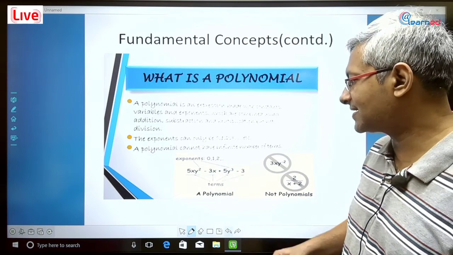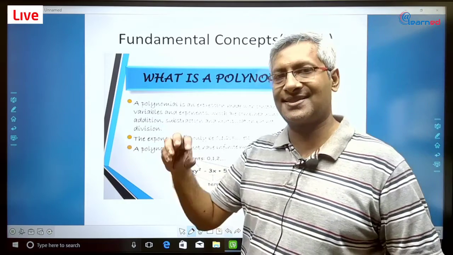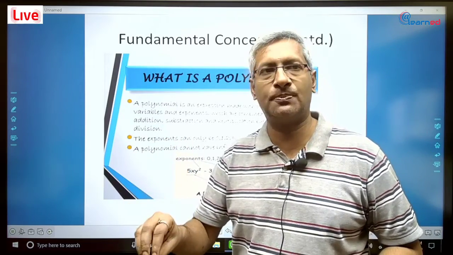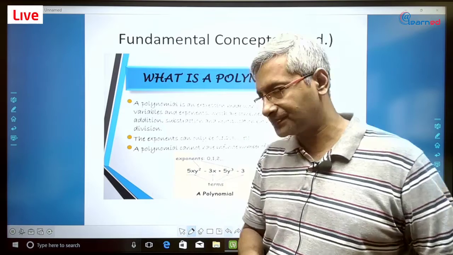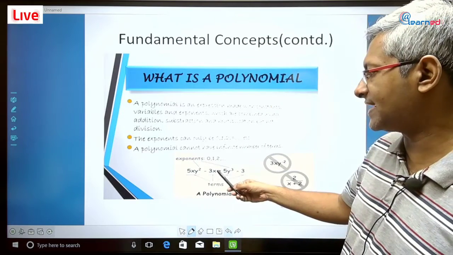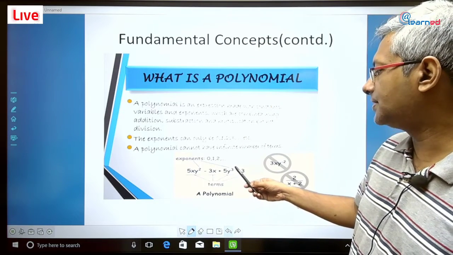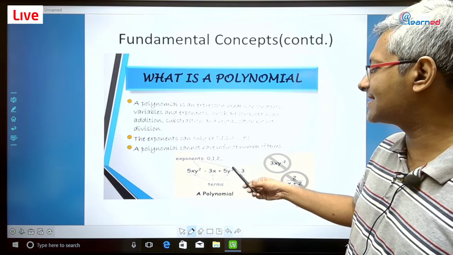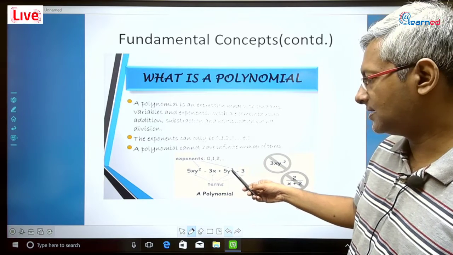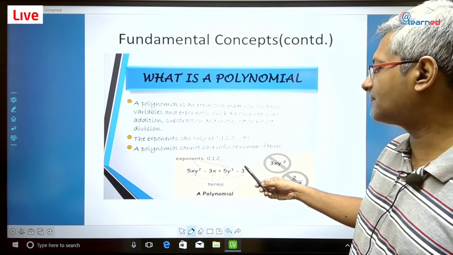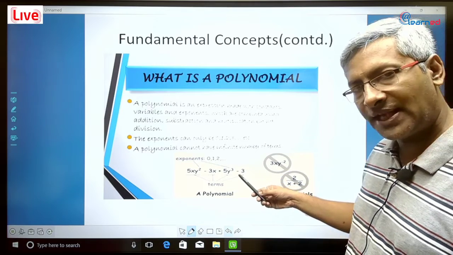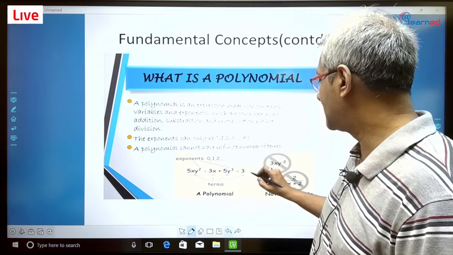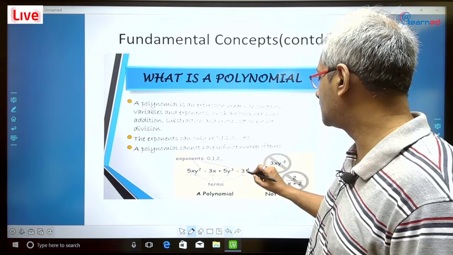You must know that anything raised to the power 1 is that value itself. X to the power 1 is x. So, over here the power of x is 1. Over here the power of y again is 3. And over here we have minus 3.